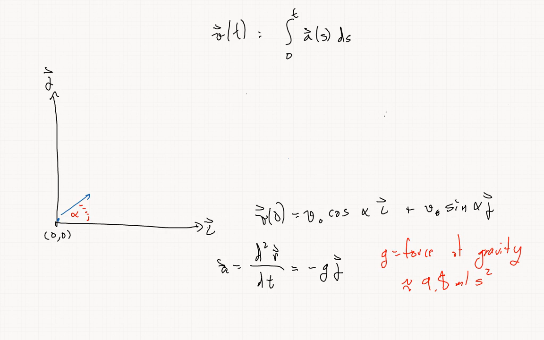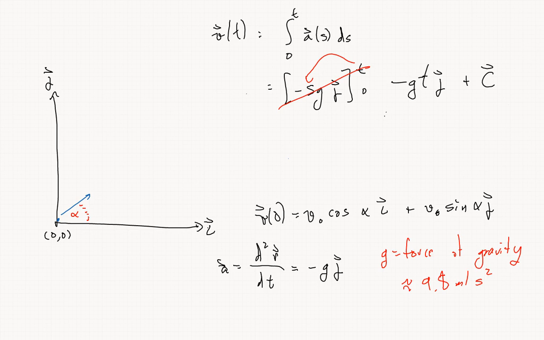So that will be negative g t j. s is like the variable, so we're substituting t into s, but then this becomes just negative g t j plus a constant vector c.